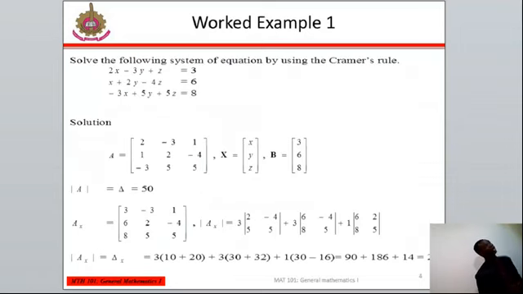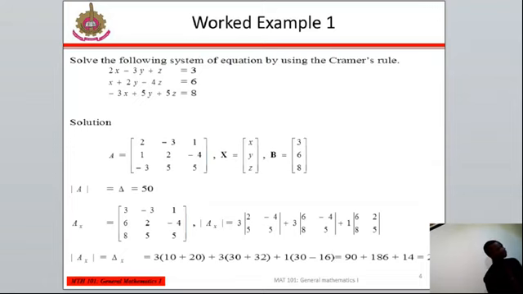This is an example of a linear equation using Cramer's rule. We are asked to solve the system of equations to obtain the unknowns, which are x, y, and z, using Cramer's rule. As you can see from the slide, we obtain our matrix A to be 2, minus 3, 1, 1, 2, minus 4, minus 3, 5, and 5. And we have our unknowns to be x, y, and z, while our B vector we have 3, 6, and 8.